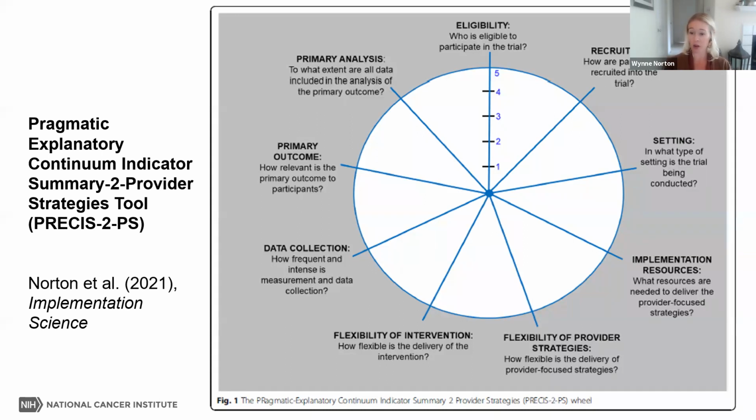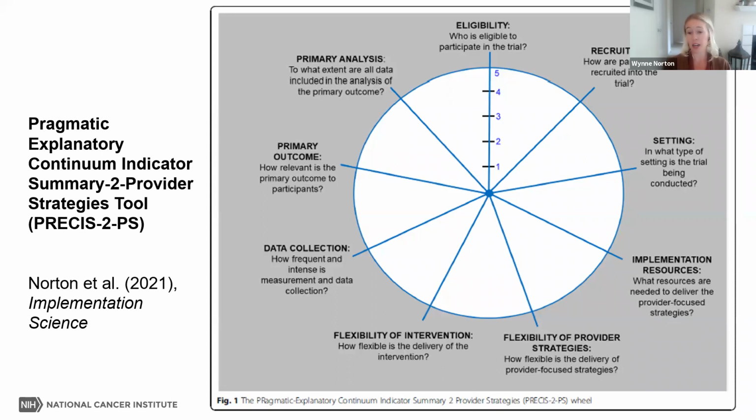Is it something where you can have an opt-in or an opt-out for particular strategies and the healthcare professionals engage with those? So you can think about it as core components versus peripheral components of strategies, just like you do for different interventions.